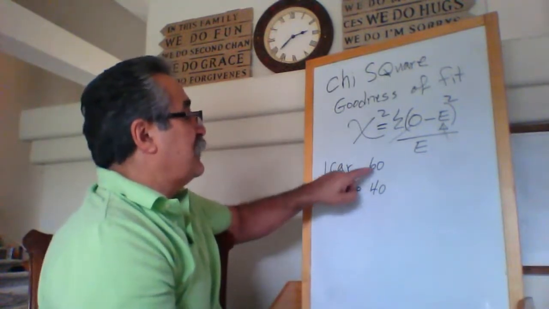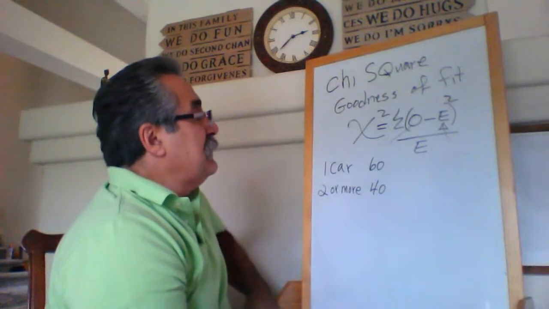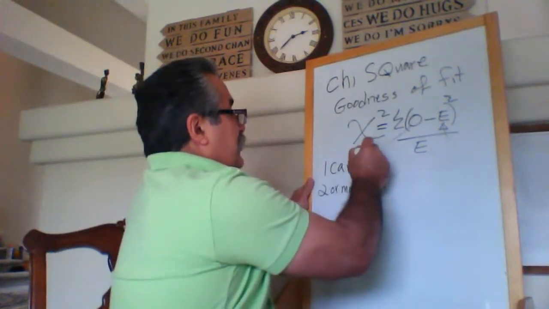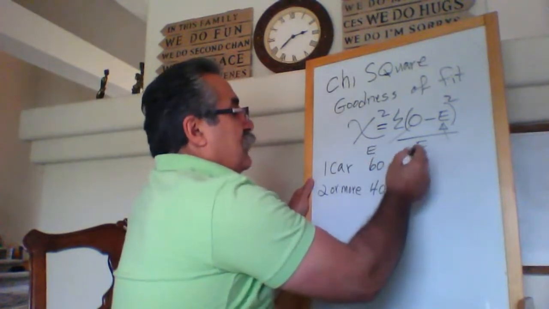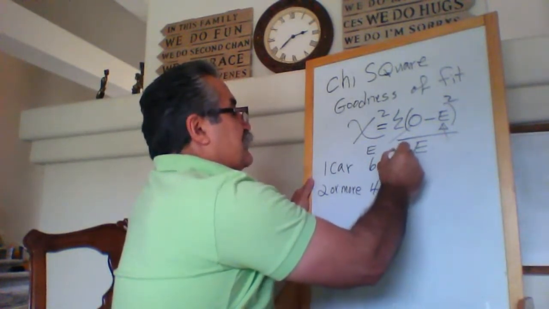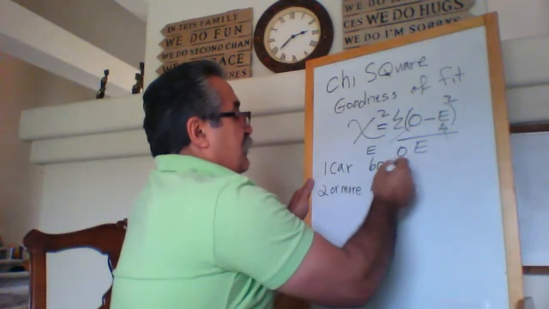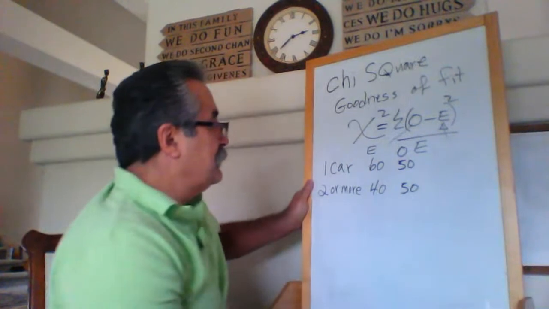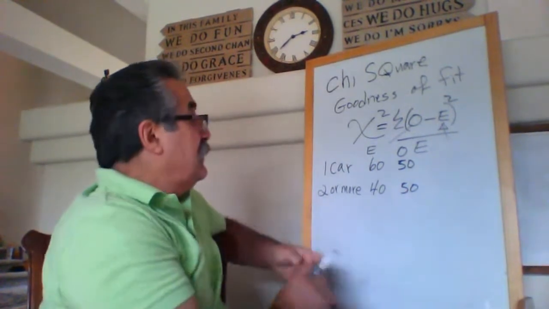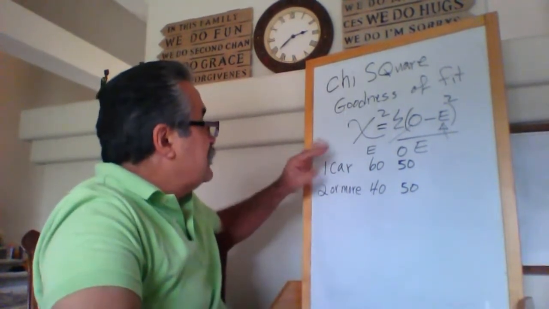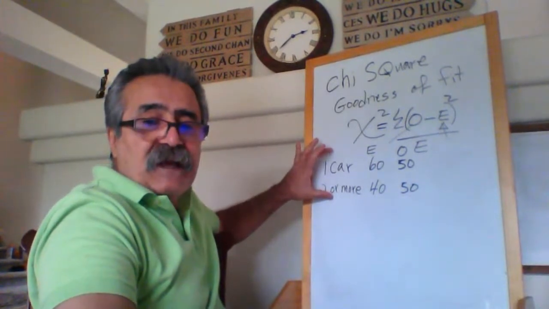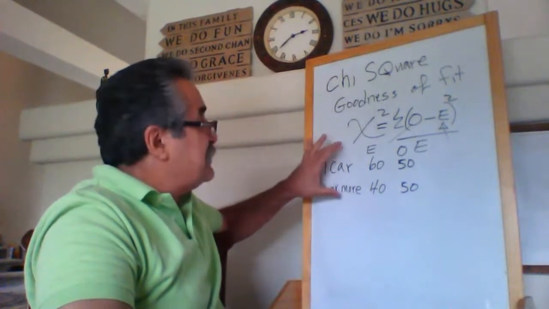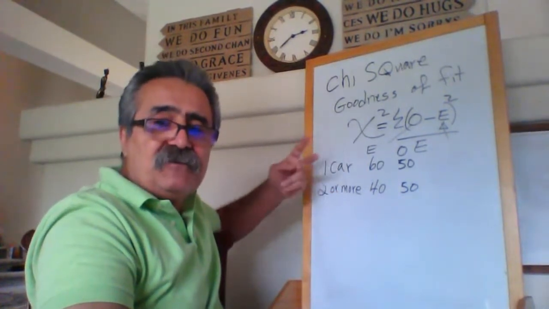Okay, those are the expected values. We go ahead and do our own research, observed. We find out that this is 50% and this is 50%. Okay? Now, this condition that we have two types or two categories is called number of categories. So we have two categories in here.